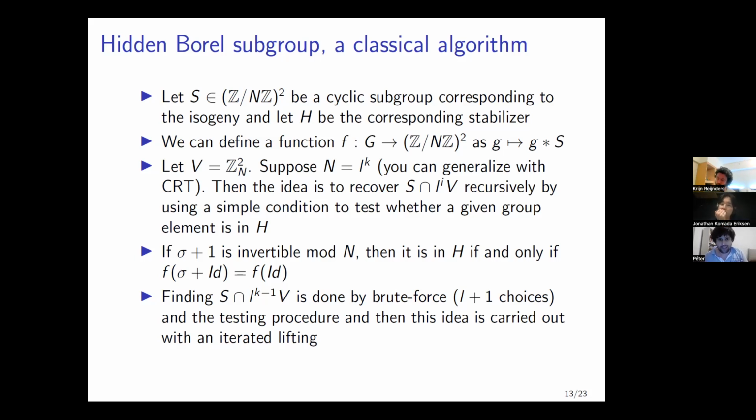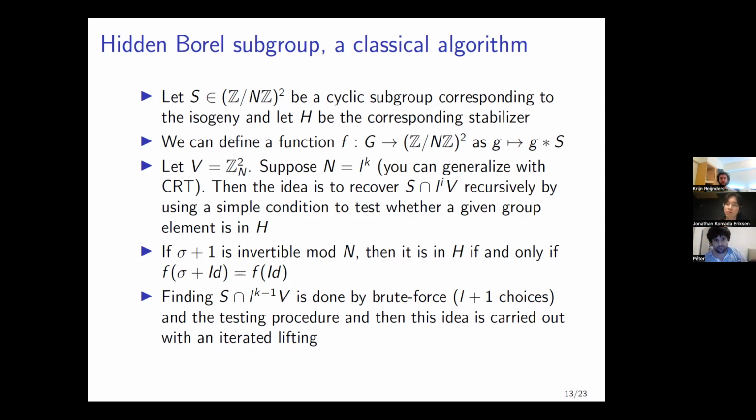Mainly the idea is that you take this S, or the subgroup generated by S, and then you try to find its intersection with L to the i times V recursively. So basically, you look at S modulo L squared, modulo L cubed, and so on. And you do this iteratively.